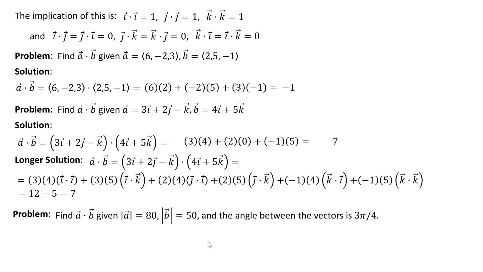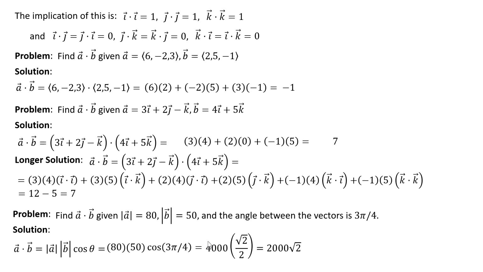Magnitude of A, magnitude of B, and the angle between them. Isn't that simple? A dot B is equal to the magnitude of A times the magnitude of B times the cosine of the angle between them. And if we apply that, ta-da, we get this. As simple as that.